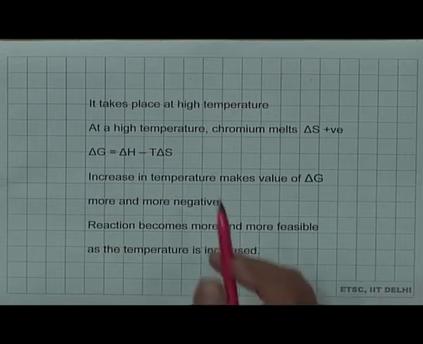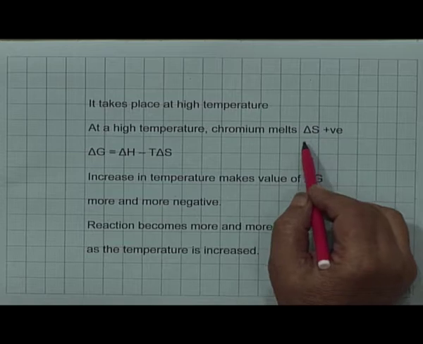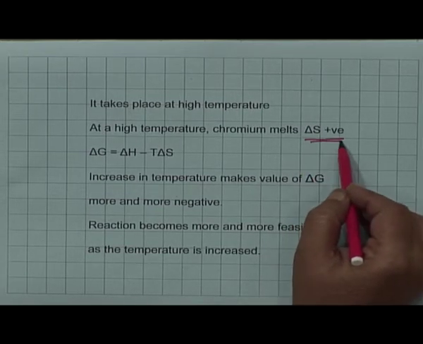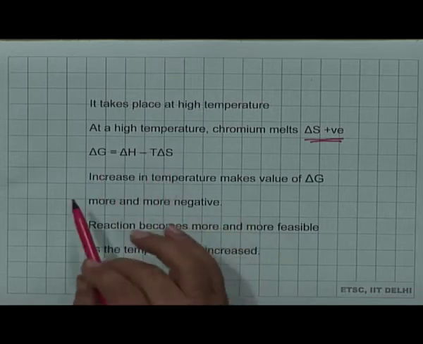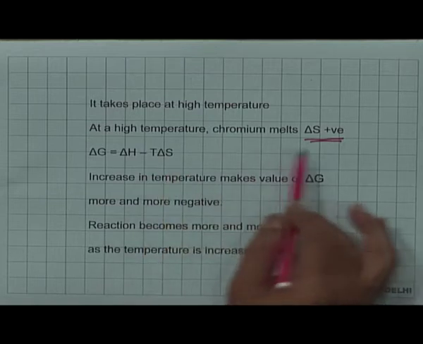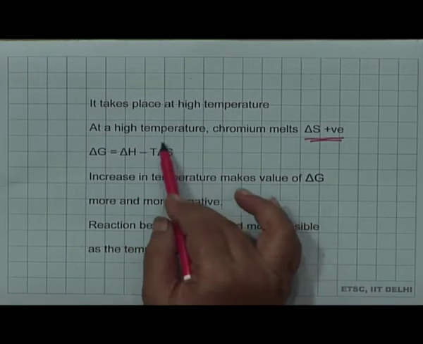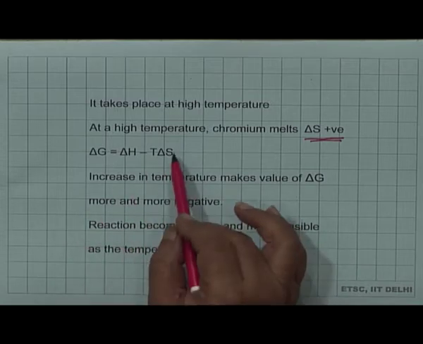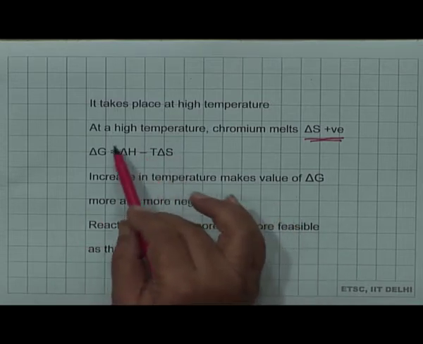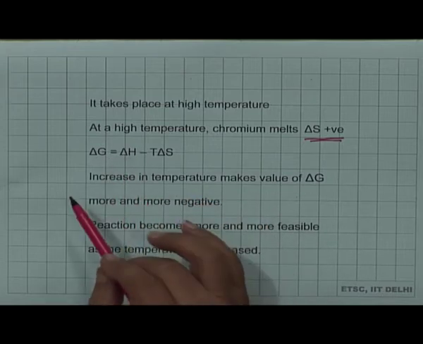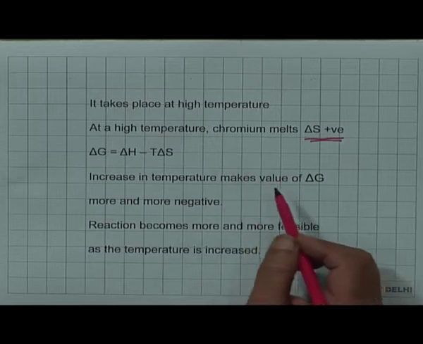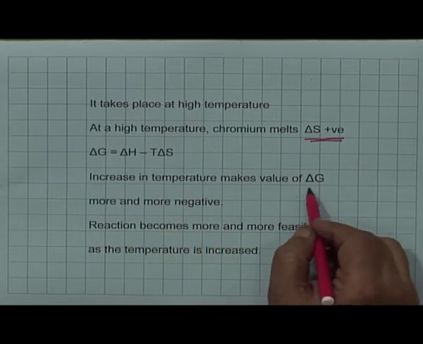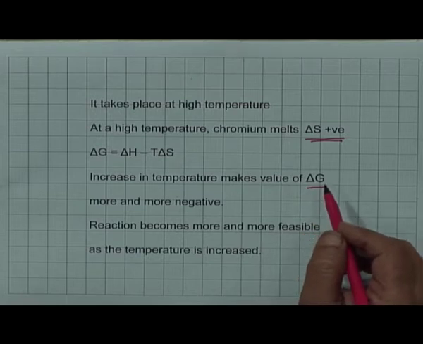If we raise the temperature, then at higher temperature the delta S will become positive. If you recall the equation delta G is equal to delta H minus T delta S, when temperature is high and delta S is positive, this term is negative, and this term can even overcome an endothermic delta H and make overall delta G negative. And this happens in this case also, that increase in temperature makes the value of delta G more and more negative.